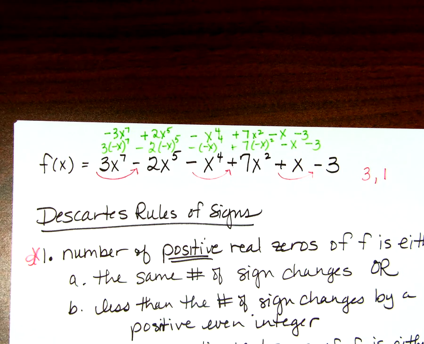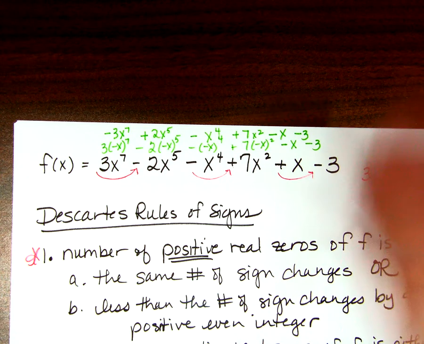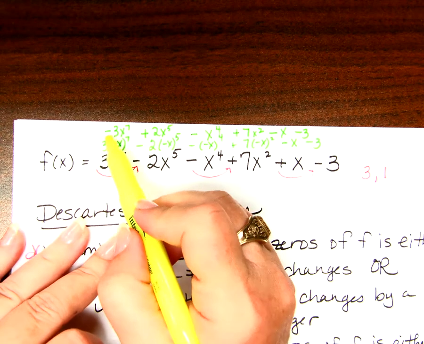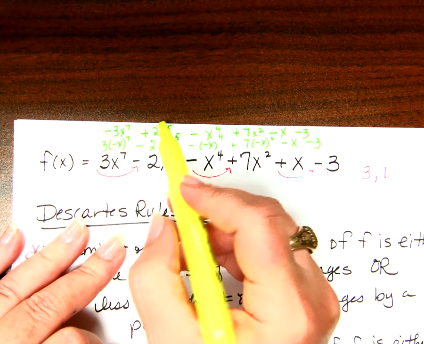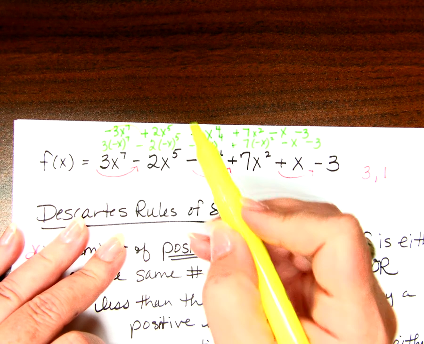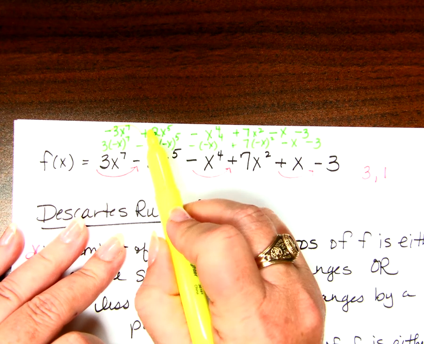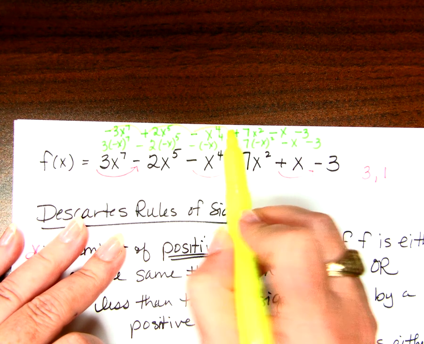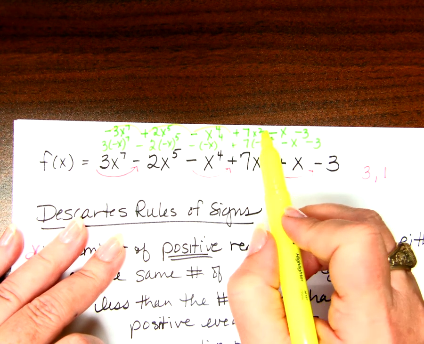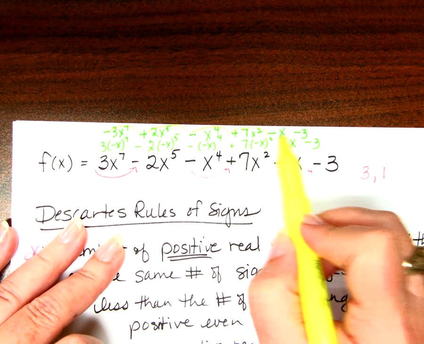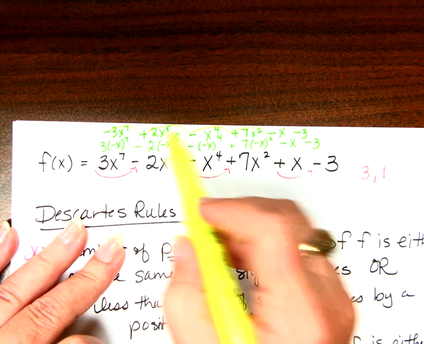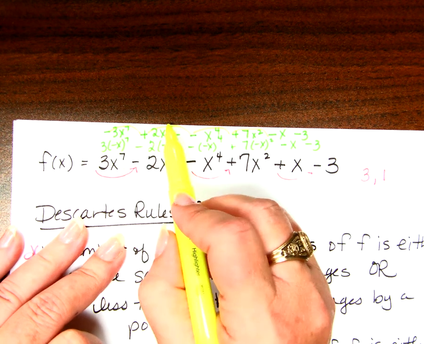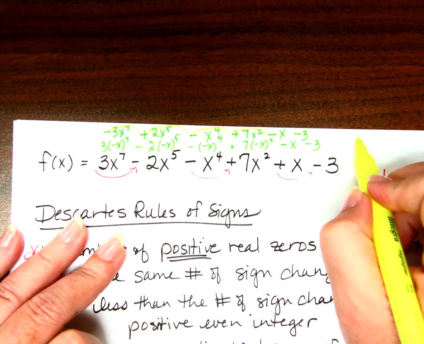So now we have to count the sign changes again. From negative 3 to a positive 2, is that a sign change? Yes. Positive to negative, is that a sign change? Negative to positive, is that a sign change? Positive to negative, is that a sign change? Negative to negative? No. So how many sign changes do I have? 3, 4. 4 sign changes.